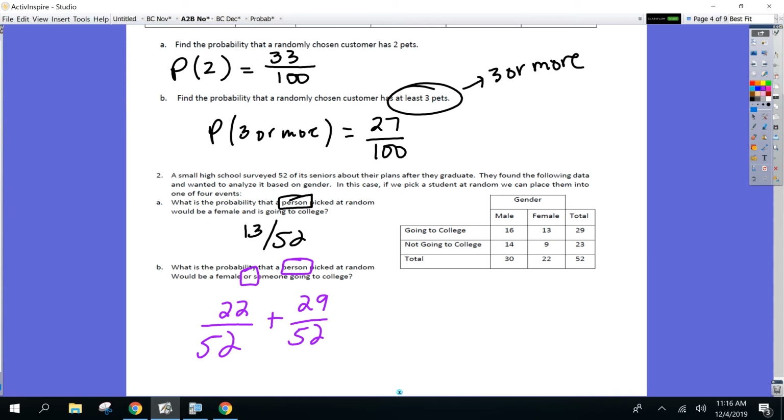I've counted some of the females twice, because they're female and they were going to college. So I have to subtract out what? How many are female and going to college, which we just found in the last problem was 13. So you still have to subtract out what's in common. And what do we end up with there? 38 out of 52?